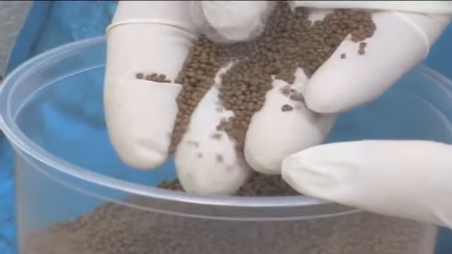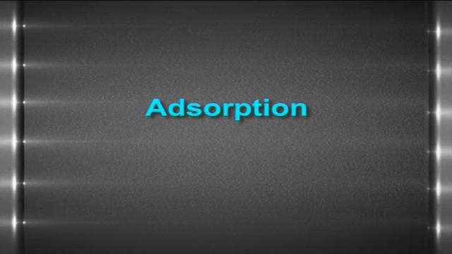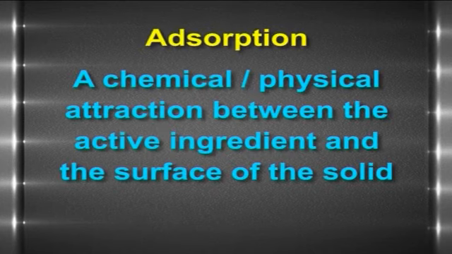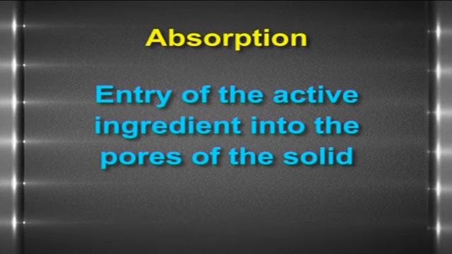This process is called sorption and can be accomplished by two possible mechanisms. They are adsorption and absorption. Adsorption is a chemical or physical attraction between the active ingredient and the surface of the solid. Absorption is the entry of the active ingredient into the pores of the solid.